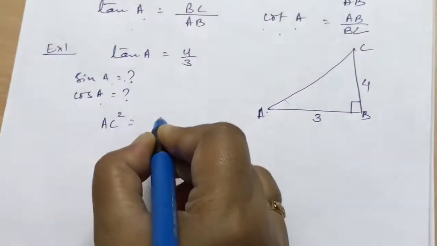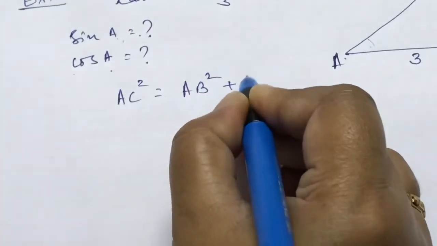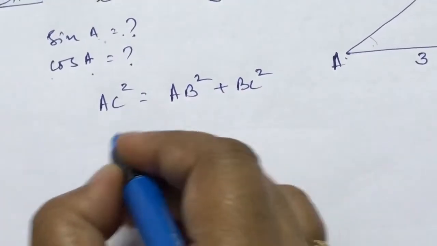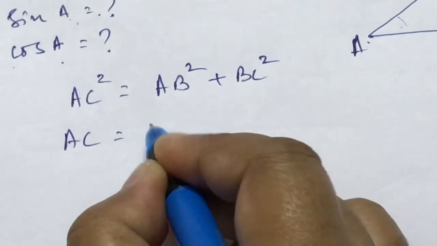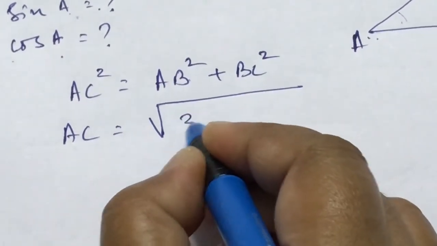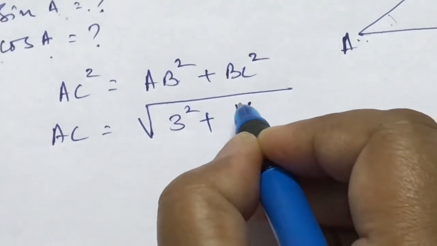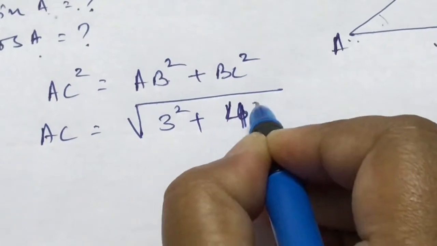So AC square is equal to AB square plus BC square. So AC is equal to root over of AB square, which is 3 square, plus BC square, which is 4 square.